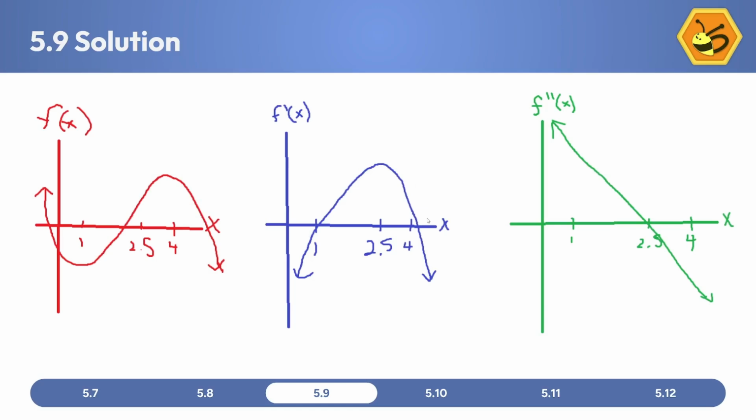Here we can see it's increasing then decreasing. With the second derivative graph, since we have concave up, then concave down, I just drew it linearly because that's the simplest form. Hopefully these graphs are similar to what you have drawn. If I made a mistake here, please let me know.